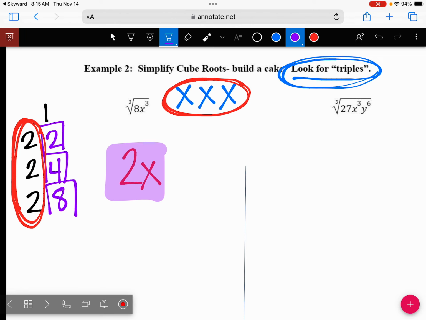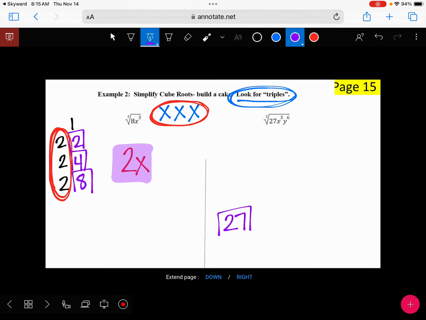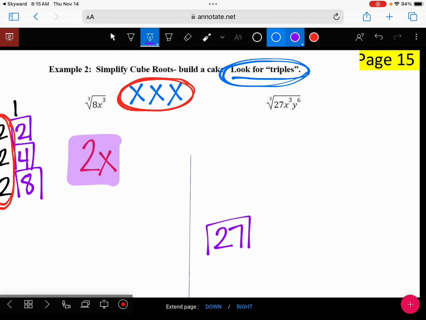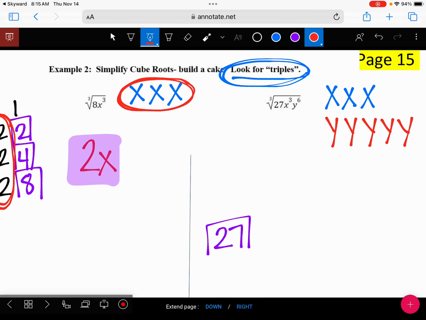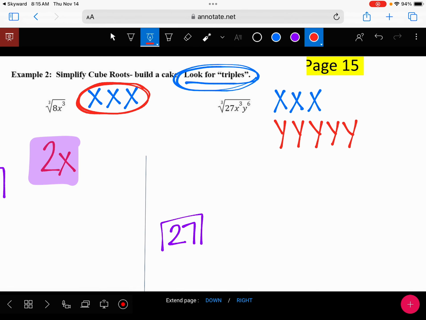All right, let's go ahead and make our cake with the 27. And then now we have 3 x's, 1, 2, 3, and we have 6 y's, 1, 2, 3, 4, 5, 6.